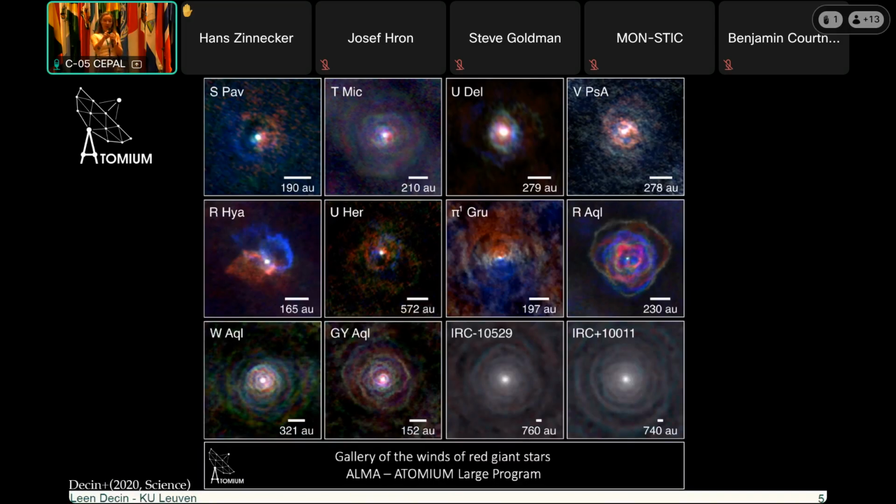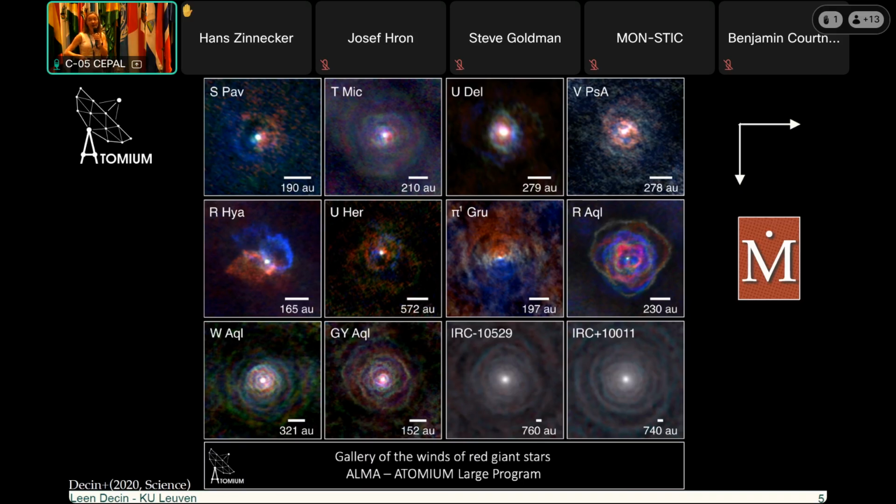Now, the order of the images that you can see here is not random. The data have been ordered from top to bottom, left to right, with increasing mass-loss rates. The main thing that you can see here is that if you increase the mass-loss rate, particularly at the bottom, you get these more regular spirals, while for the lower mass-loss rates, you see much more complex structures, which are far more difficult for us to understand.